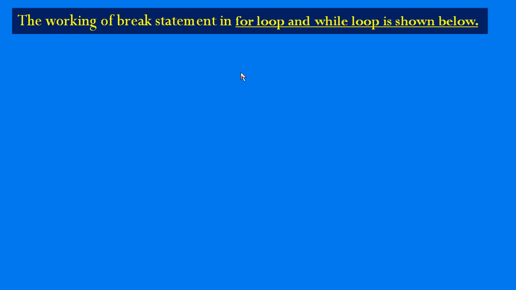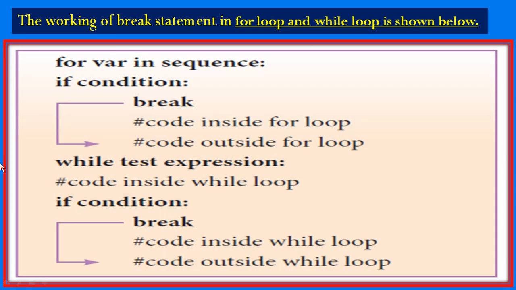The working of the break statement in the for loop and while loop is shown below. Here the break statement is inside the for loop. If this condition is true, the break statement is evaluated.